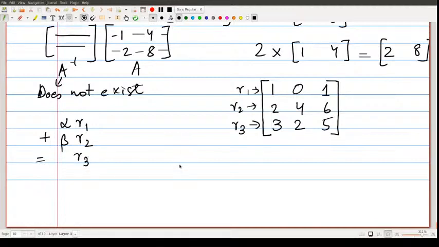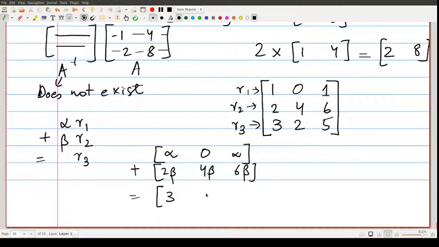That is, alpha times row 1, which is alpha, 0, alpha, plus beta times row 2, which is 2 beta, 4 beta, 6 beta, gives me, I insist, the result 3, 2, 5. So I can see that 4 times beta equals 2, which means beta equals half. That's one thing that I can do.